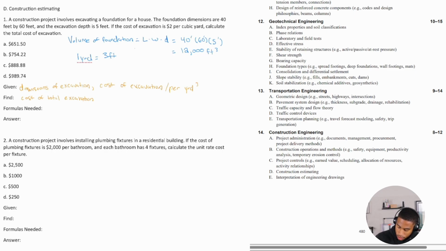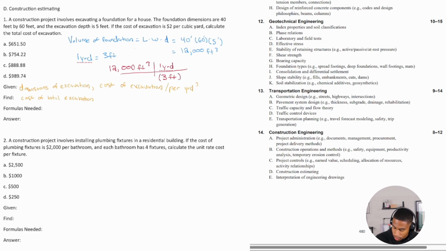All right, so if we have 12,000 feet cubed, and we need to get this in yards cubed, 1 yard is equal to 3 feet. Okay, but as you're doing unit conversions, you cube everything to get it in feet cubed.